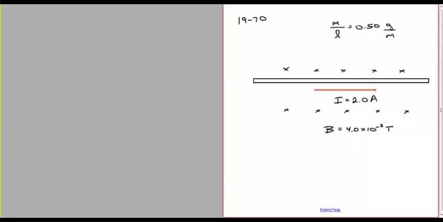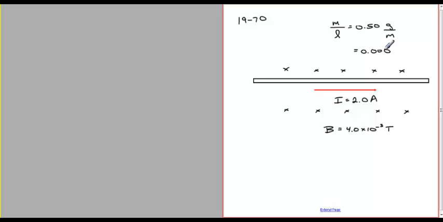Okay, this is problem 70, chapter 19. So we have a wire that's carrying current, 2 amps. The mass per unit length is 0.5 grams per meter, which we can convert to kilograms per meter.